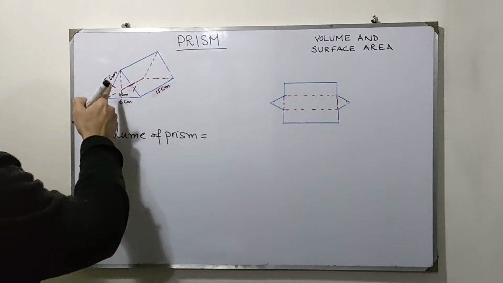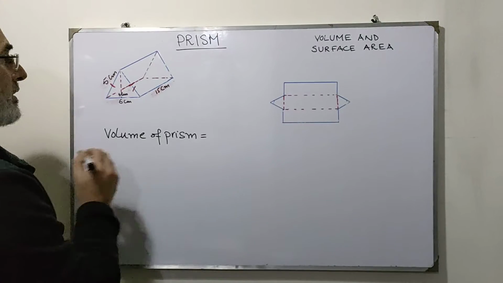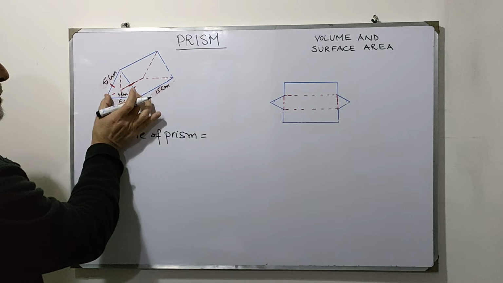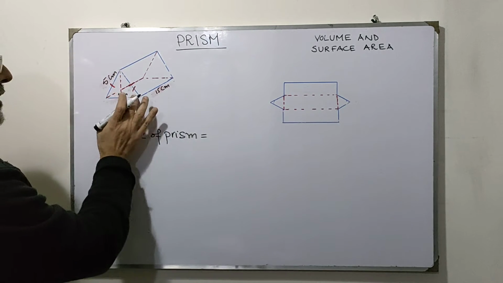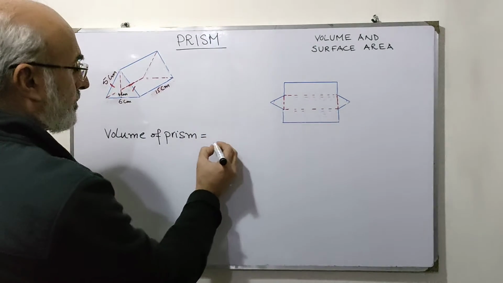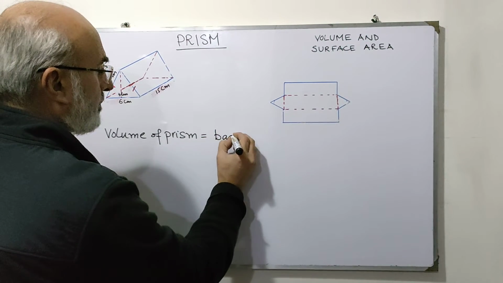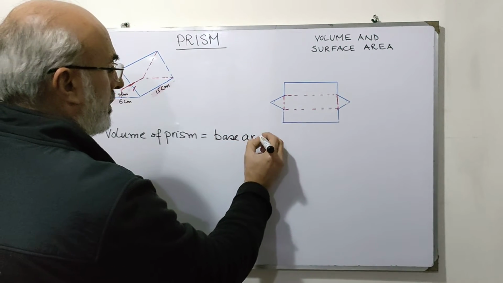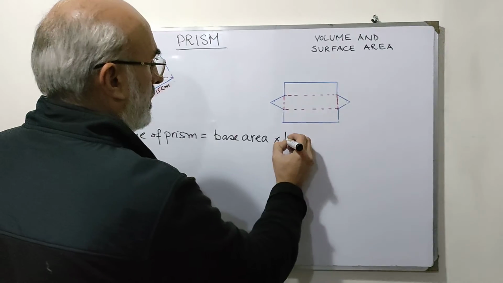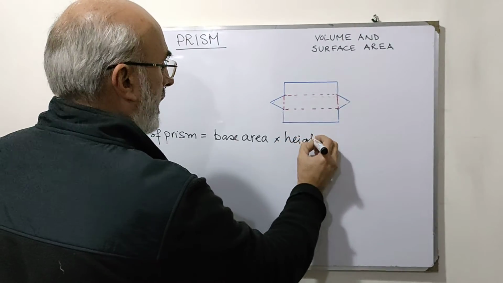So first, let's calculate the base area, the area of the triangle which we have. So base area into height.